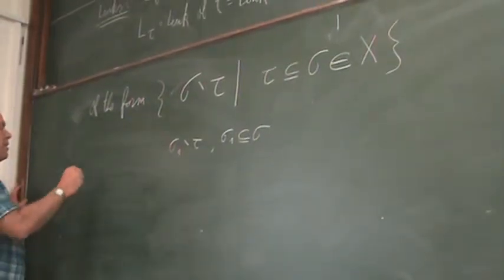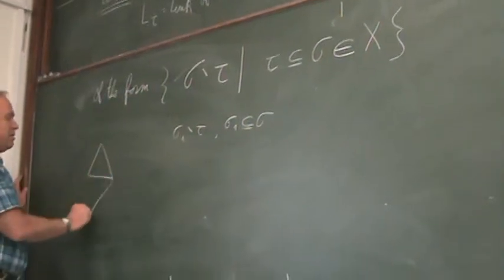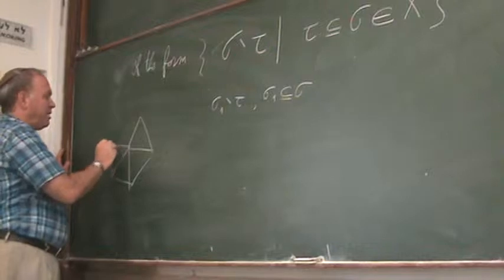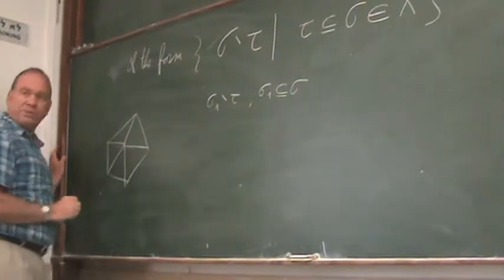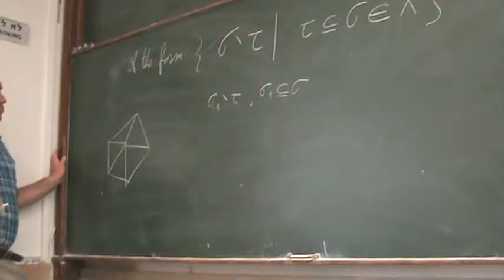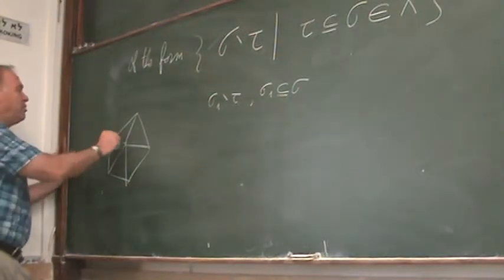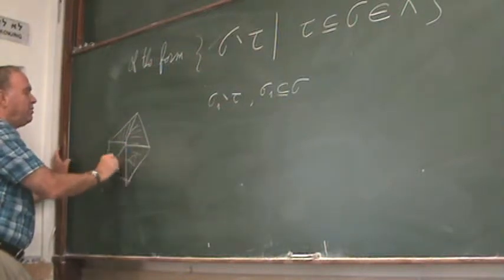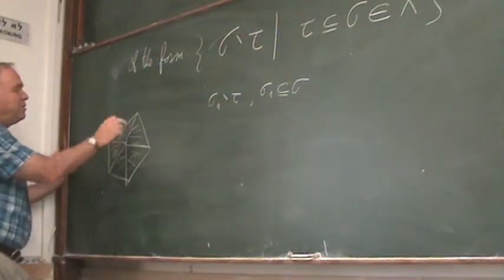Now, here is the simplest example. I have some kind of a simplicial complex. You have the triangles here, you have the edges, and you have the vertices.